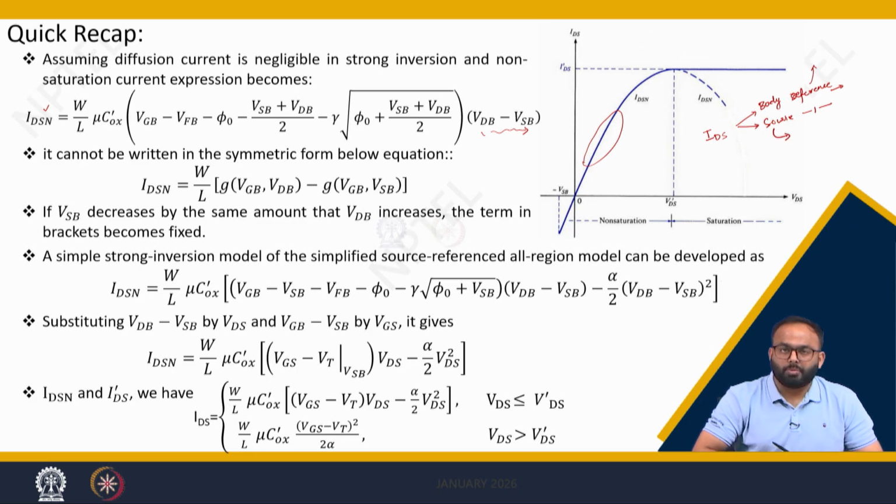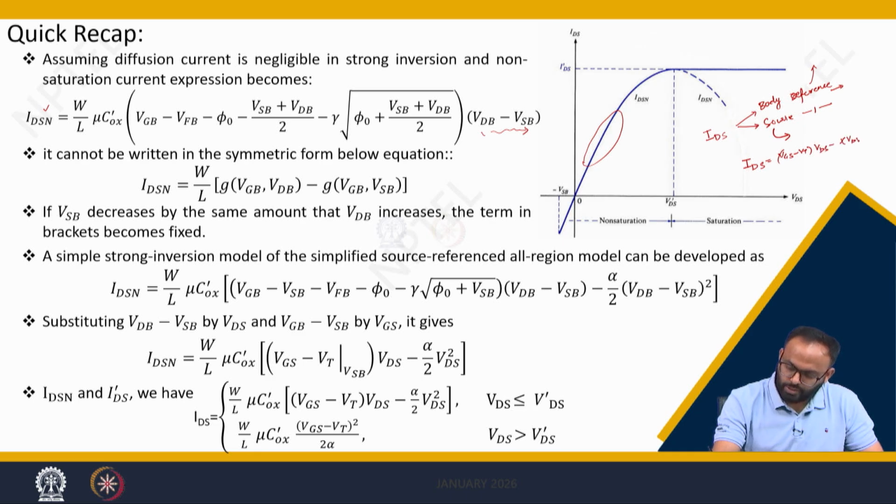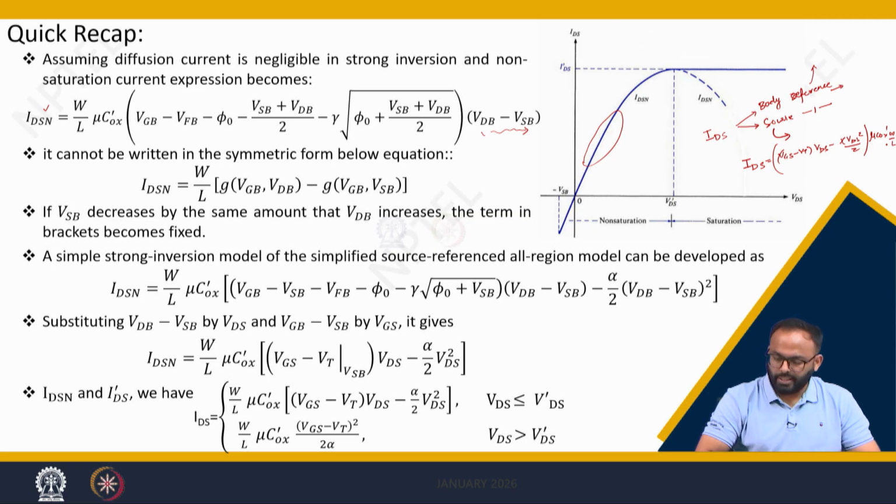Whereas the source reference model is another approach to find a simple current equation, which we use in our hands-on calculation: IDS equals VGS minus VT into VDS minus alpha into VDS square divided by 2, with some constant as mu into COX dash into W divided by L, where alpha is equal to 1 plus gamma divided by 2 root psi SE, where psi SE is an expansion point.